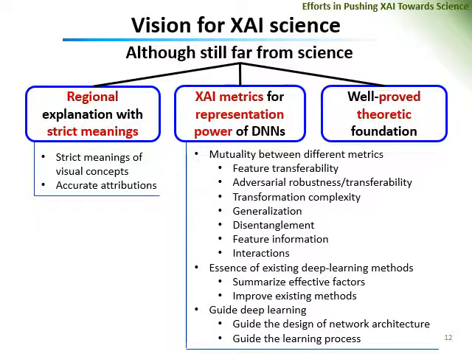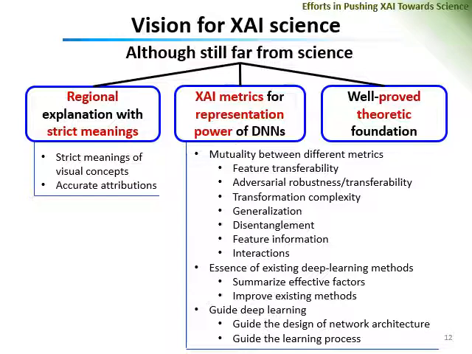explanation results. Second, sometimes we need to discover and mine the essence of existing deep learning methods. For example, we need to summarize the effective factors from some ad hoc technologies.